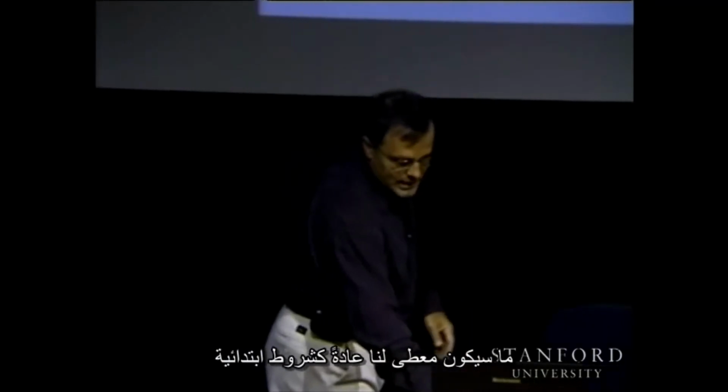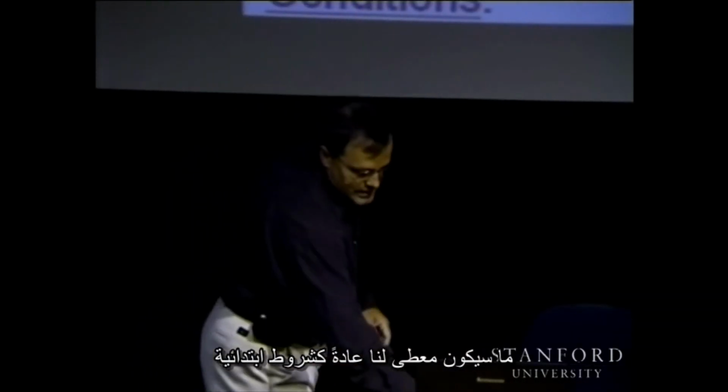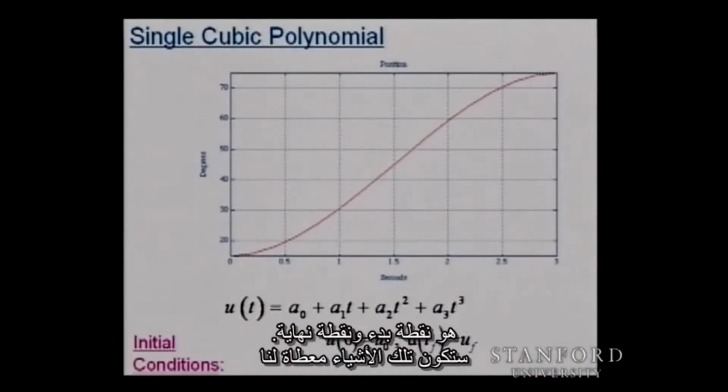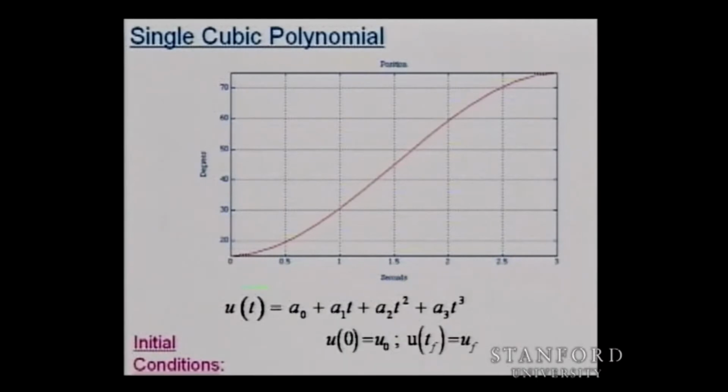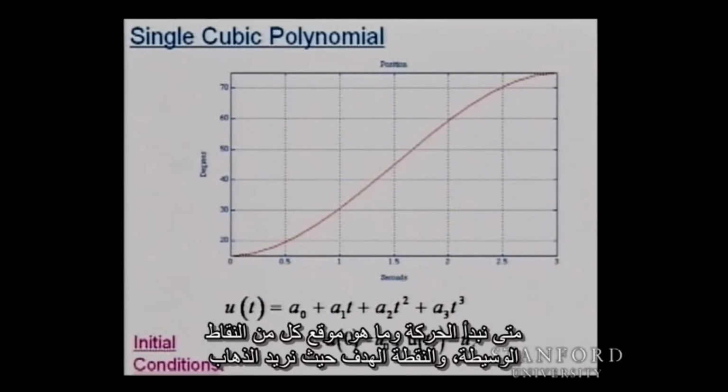Typically, we will have as initial conditions some starting point and some ending point. Those things will be given. Where do we start the motion, what is the position for each of the intermediate points, and the goal point where we want to go.